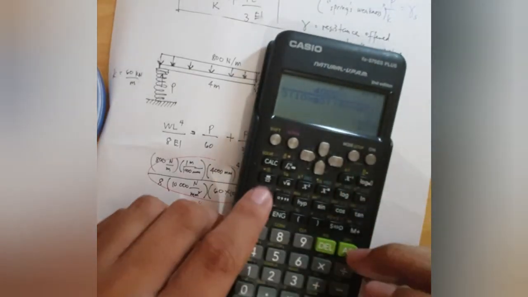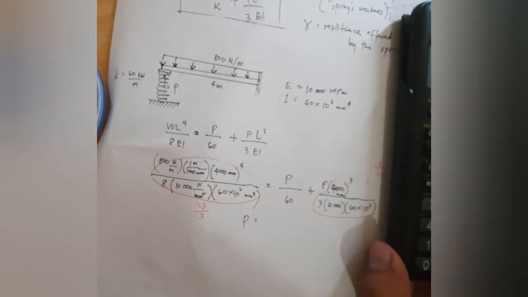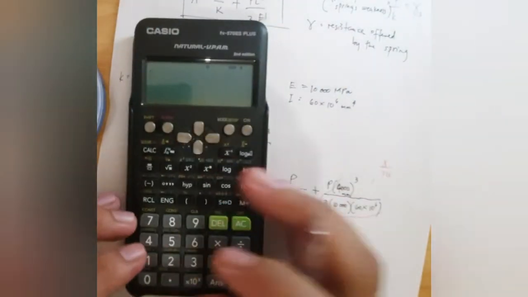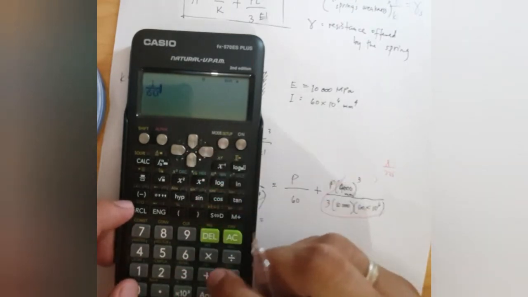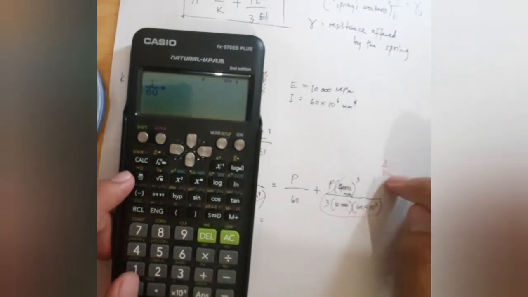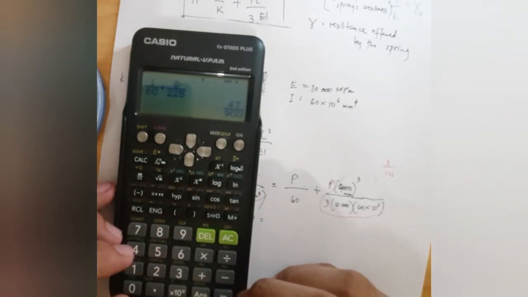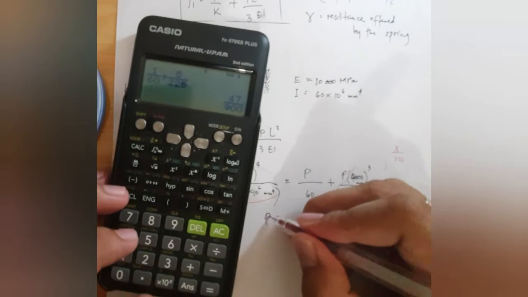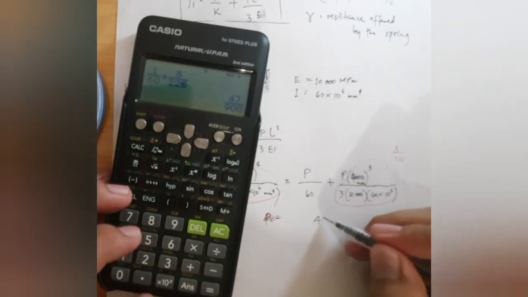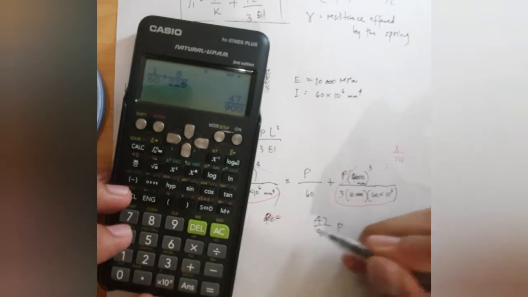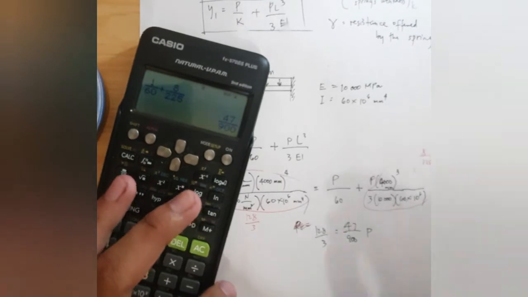Okay, so 1 over 60 plus 8 over 225, that is 47 over 900 P. And this is equal to 128 over 3.